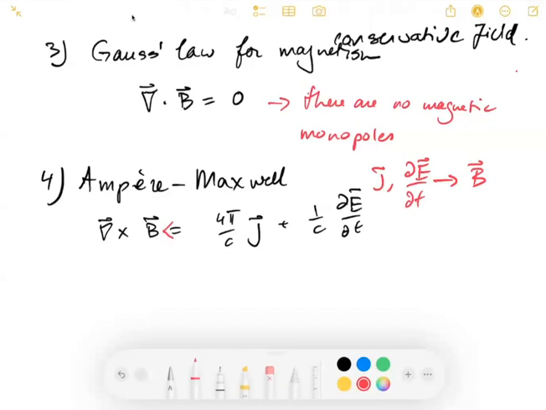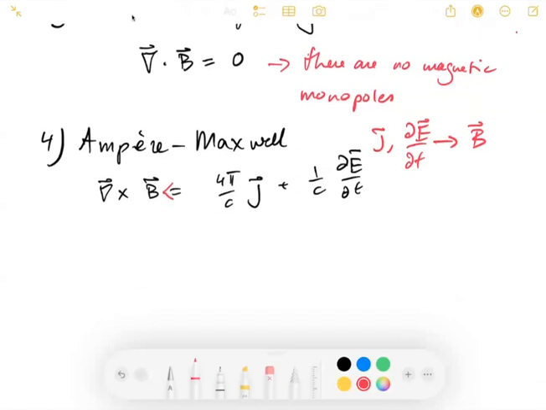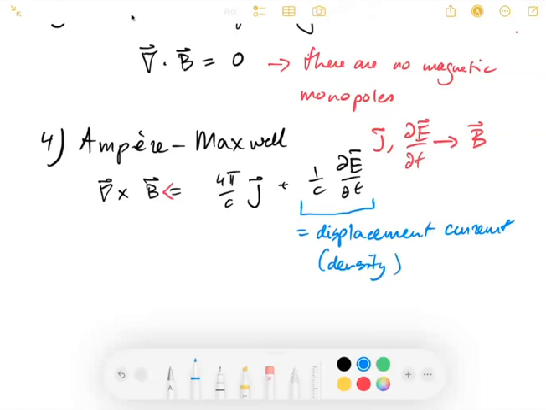Without this second term here, it is just called Ampere's law, and this term is called the displacement current density. Strictly speaking, if you fix your units, there's actually a 4 pi missing here.